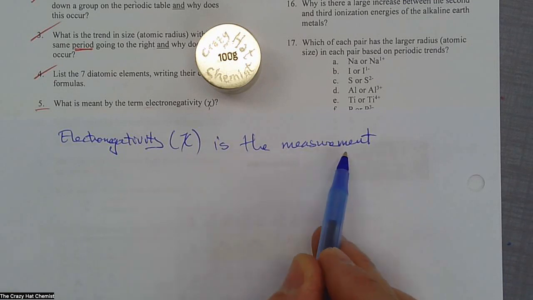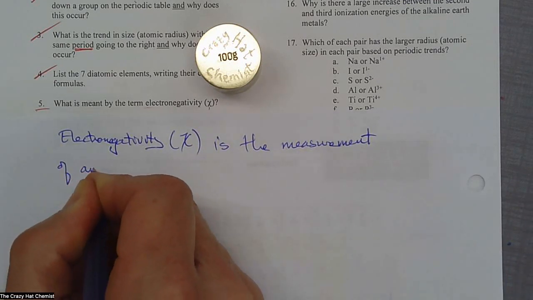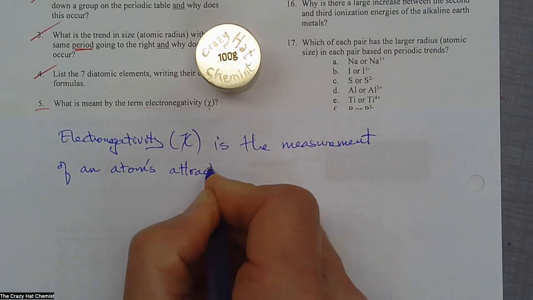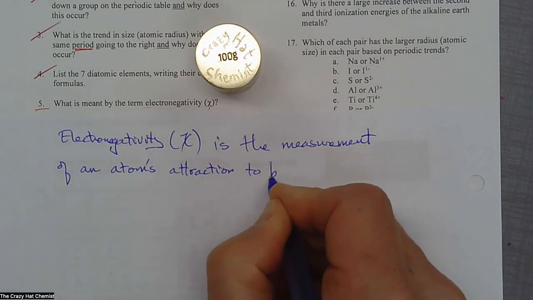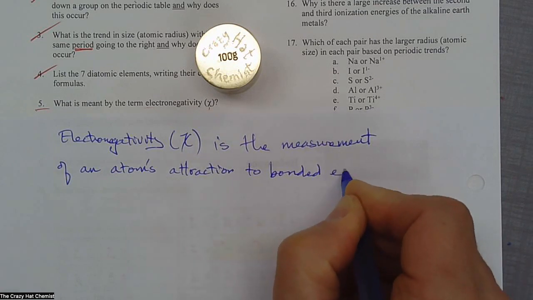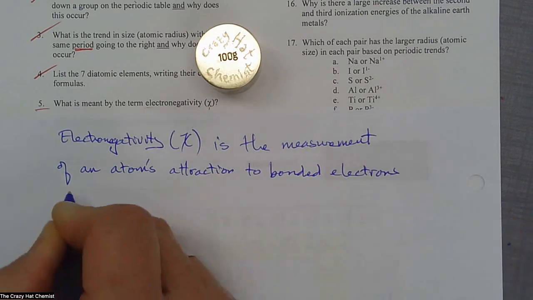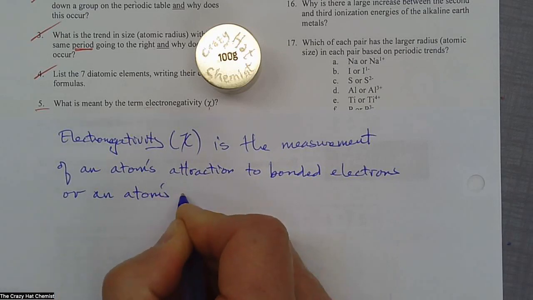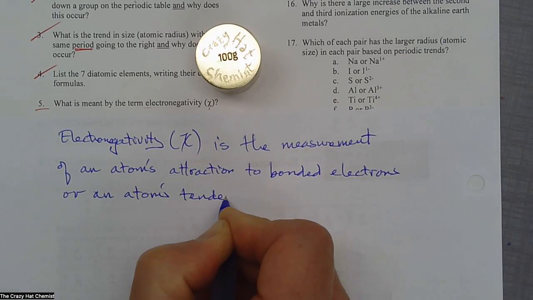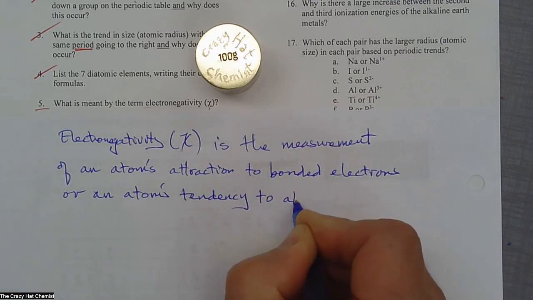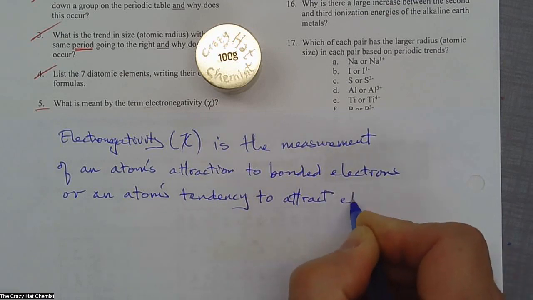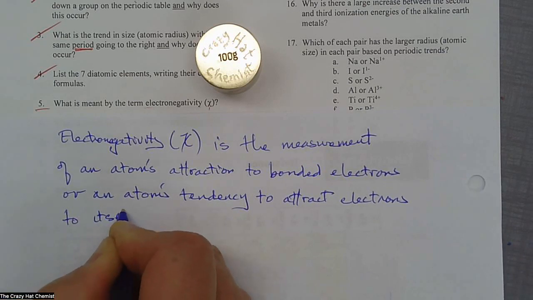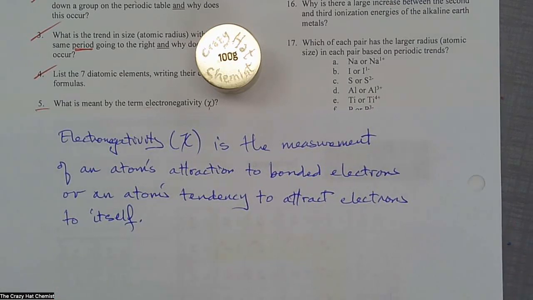Electronegativity, that scripted X, is the measurement of an atom's attraction to bonded electrons, or an atom's tendency to attract electrons to itself. So that's the definition of electronegativity.